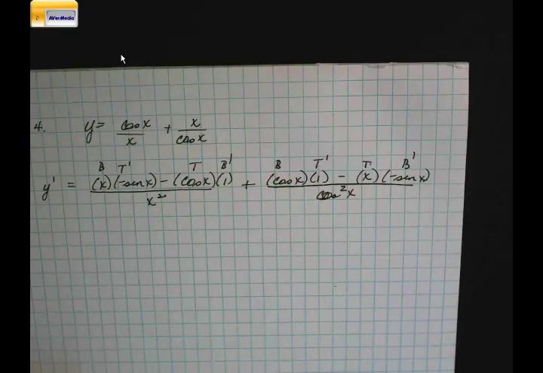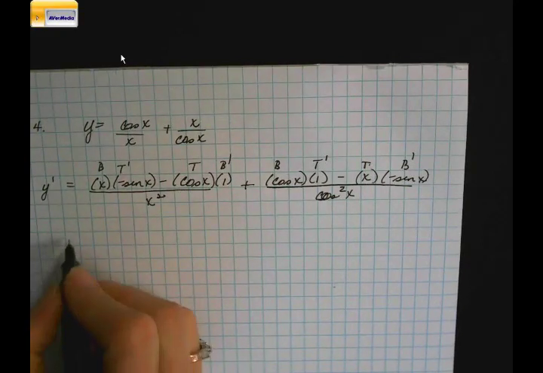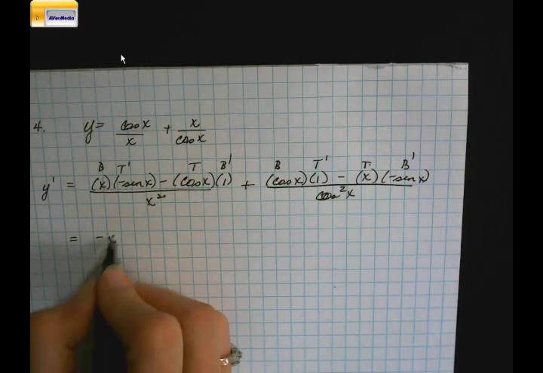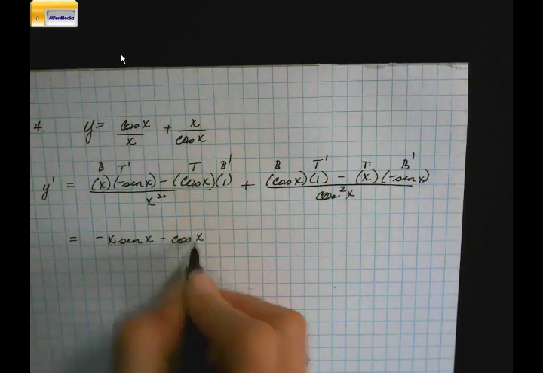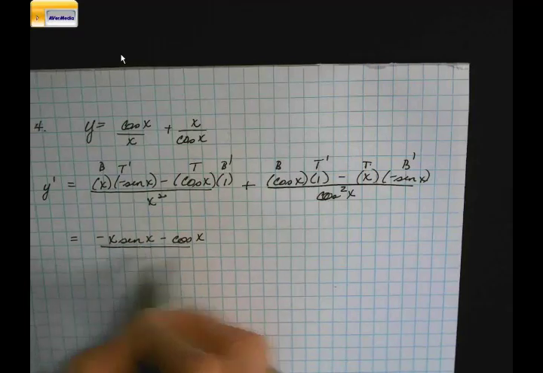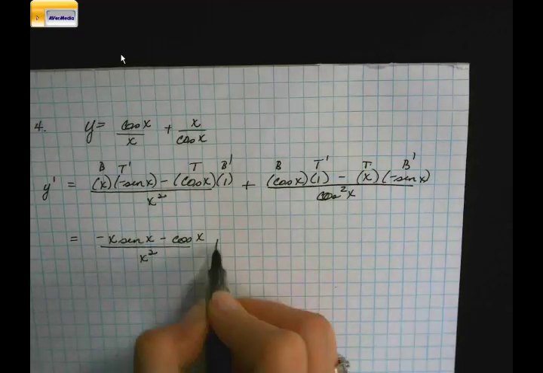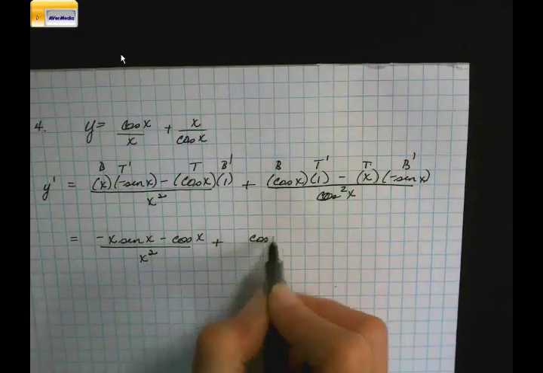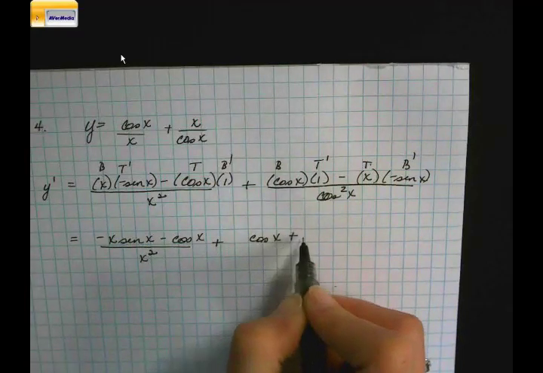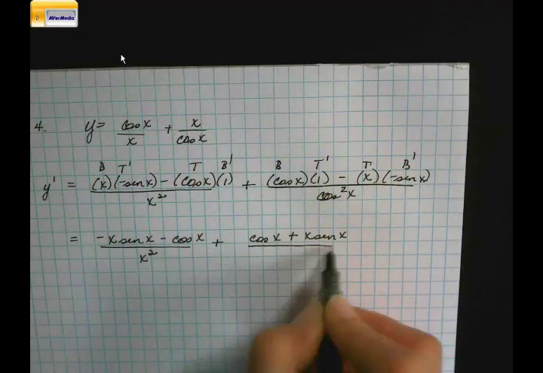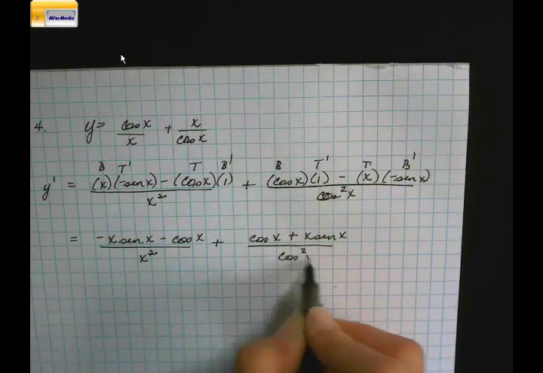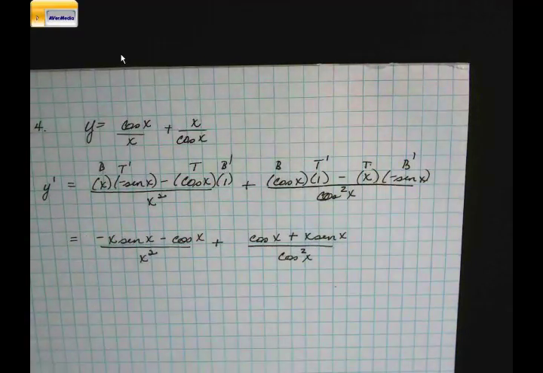Actually, I started working this problem. I did go through all the trouble of getting a common denominator, and they didn't go that far with their answer at all. So then this becomes what? Negative x sine x minus cosine x over x squared plus cosine x plus x sine x over cosine squared x.